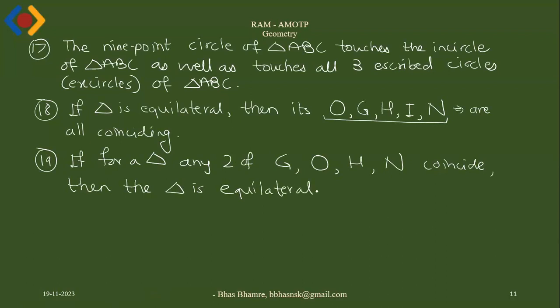Sometimes when we solve a problem, we can figure out the circumcenter and orthocenter. If we find that they are coinciding, we can immediately conclude the triangle is equilateral. So these are related to our circumcenter, orthocenter, centroid, and 9-point circle.